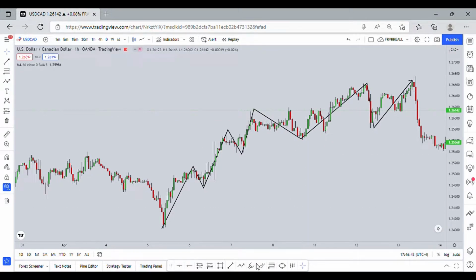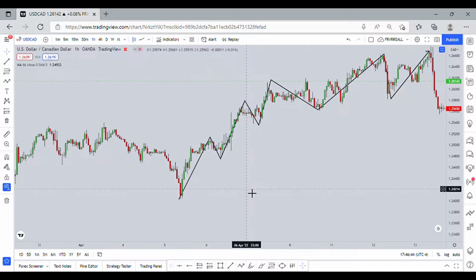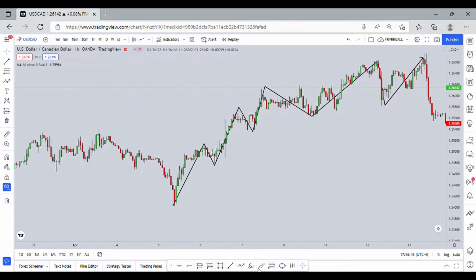For an uptrend, the markets form something called higher highs and higher lows. They simply mean what those words mean, a higher high and a higher low.